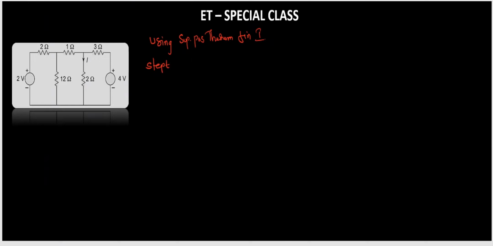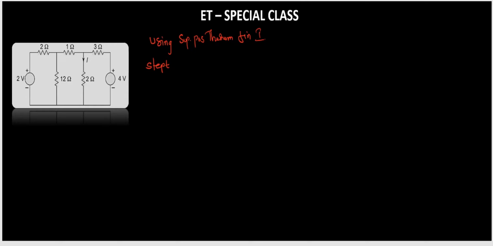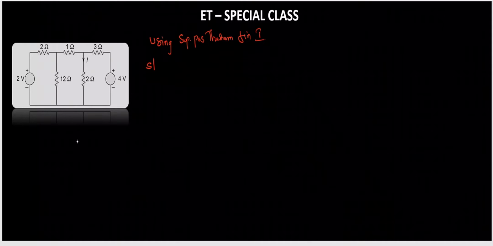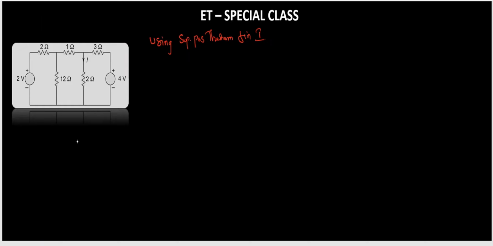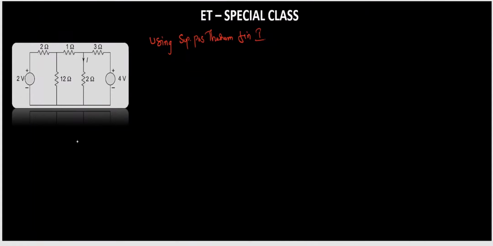To apply the superposition theorem, what you have to do? The first step is to consider only one source and short the remaining source. So let us consider the 2 volt source only.